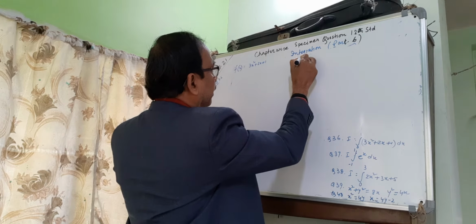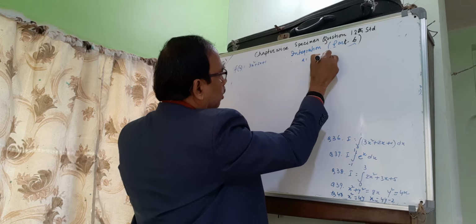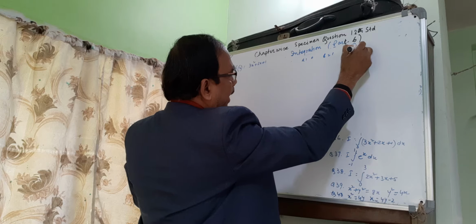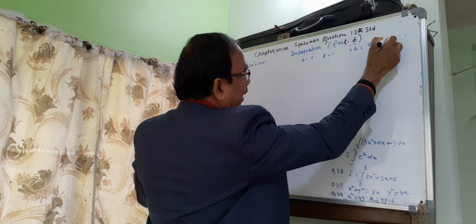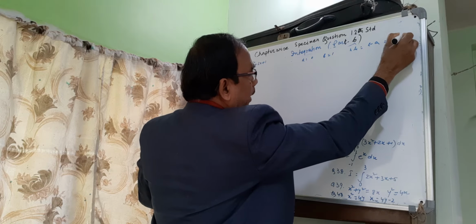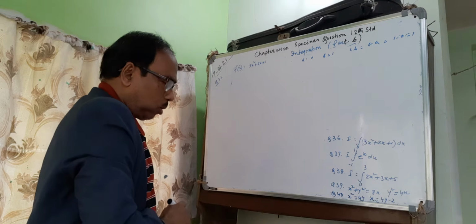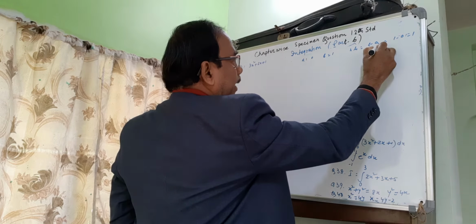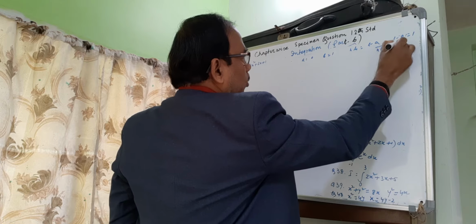Here a is 0, b is 1, so nh is b minus a, that is 1 minus 0, that is 1. The value of nh is 1.